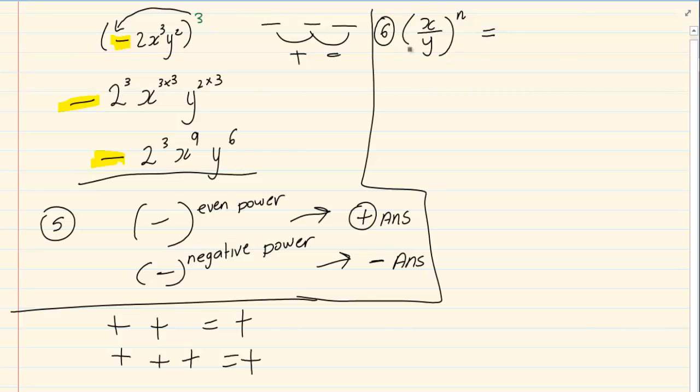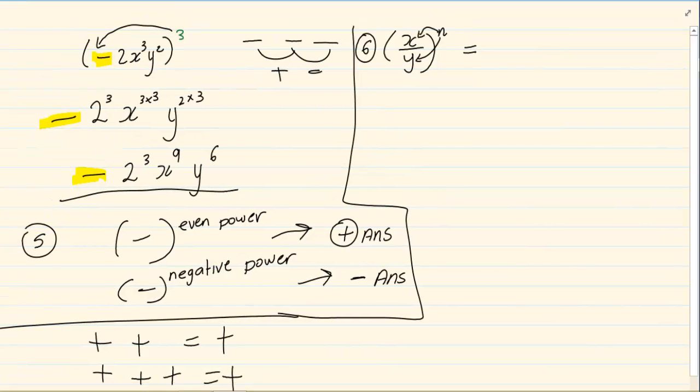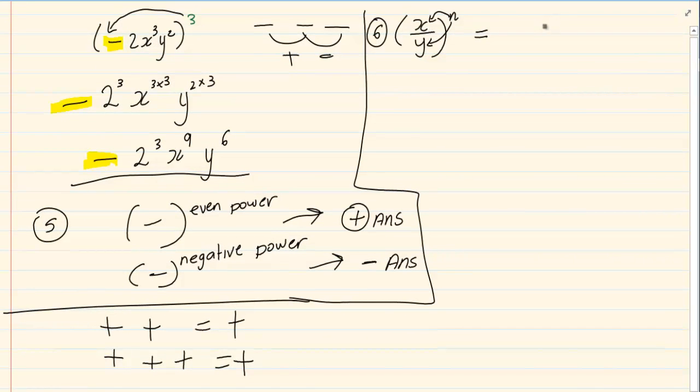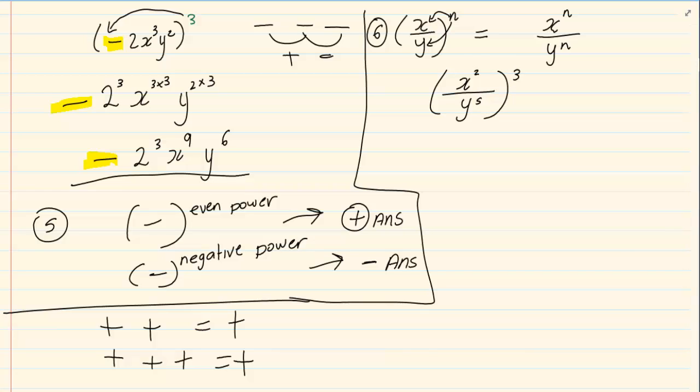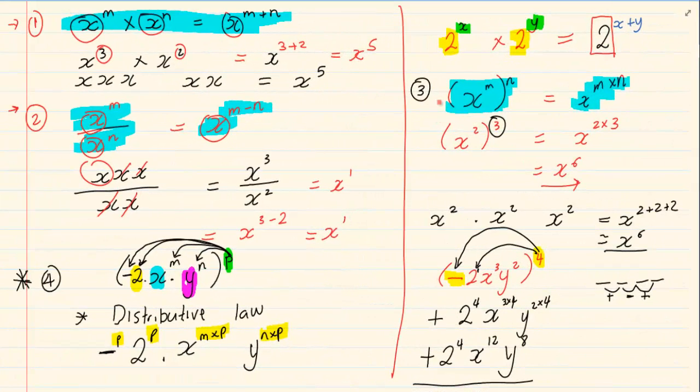Okay, the next rule says that even if I have a fraction with a power outside, the power would go to every piece that is in the question, which means this would give me x to the power of n over y to the power of n. So if I had x to the power 2 over y to the power of 5, and then I had it to the power of 3, this 3 would multiply with the 2, applying the third rule where we know if they are in brackets and both are powers, we multiply the power.